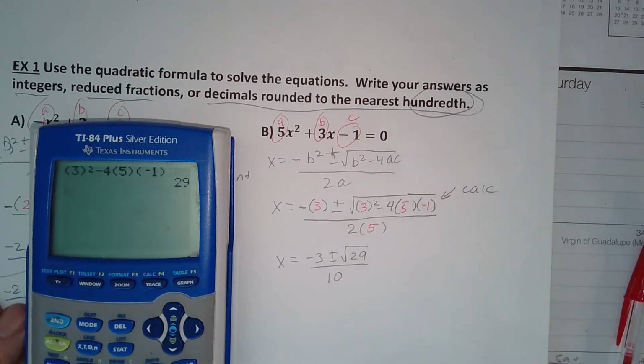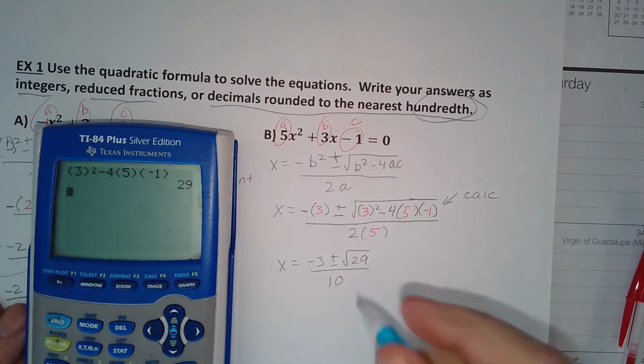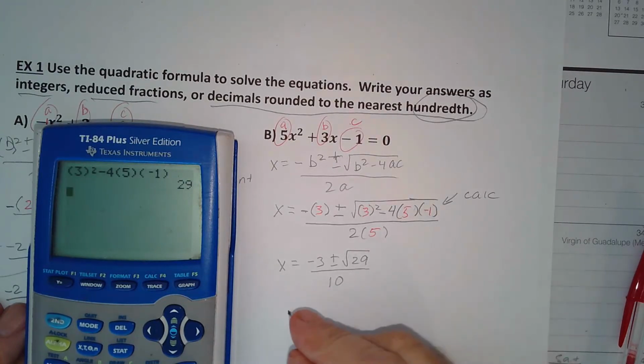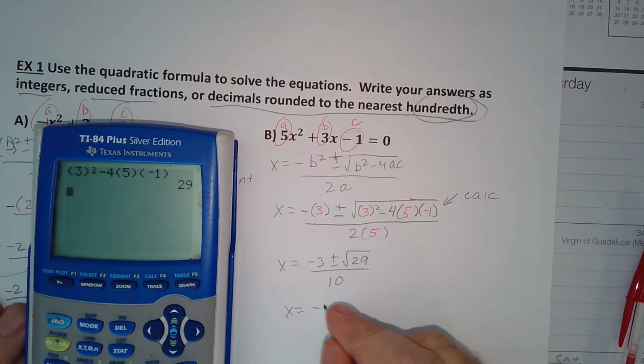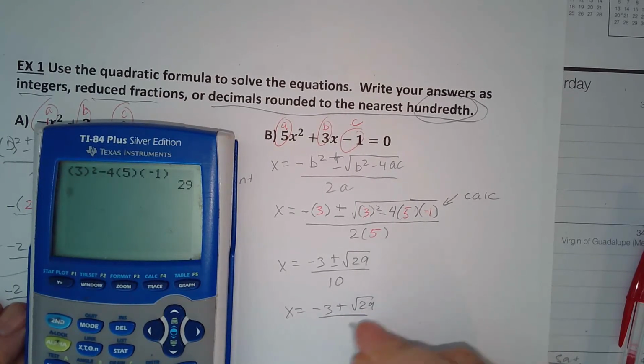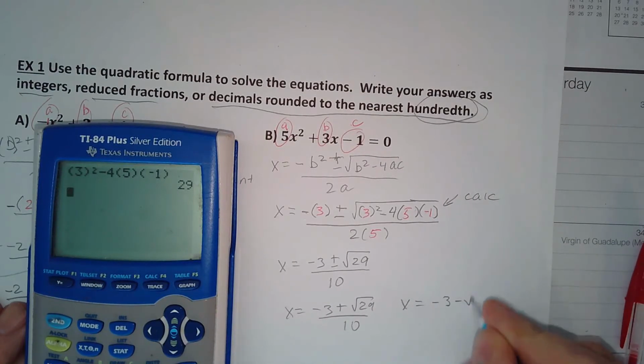Okay? All right, so now all I do is split this up. So x equals -3 plus the square root of 29, divided by 10, and x equals -3 minus the square root of 29, divided by 10.